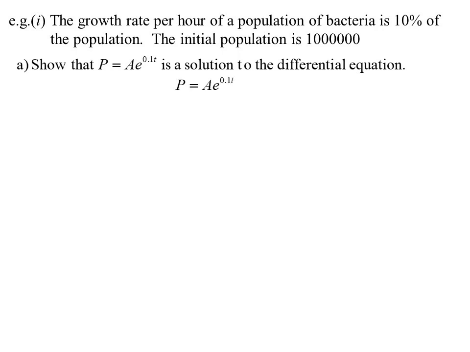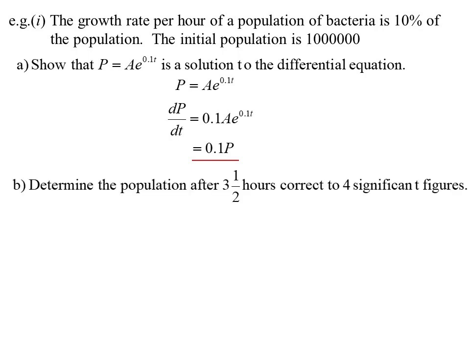Okay, so we start with the equation and differentiate. This time the power is 0.1t. Differentiate 0.1t, we get 0.1, so bring that to the front. And look at that, we've got 0.1 times the original equation itself. So we do have 0.1 times P. So yes, it is a solution to our differential equation.